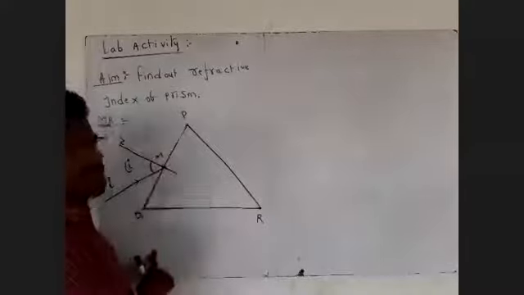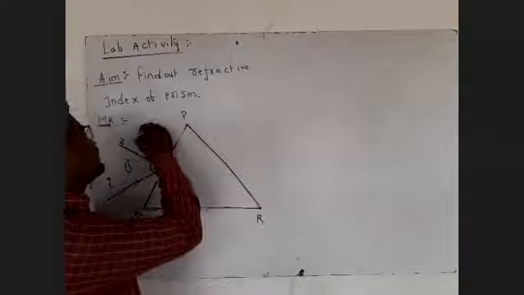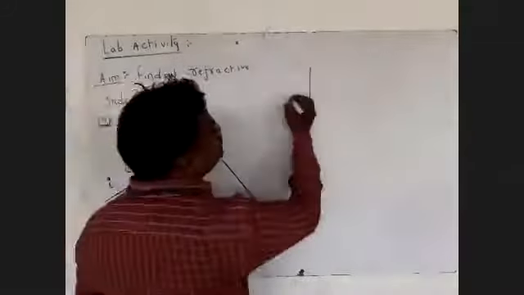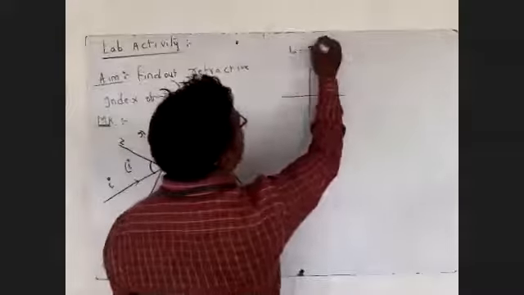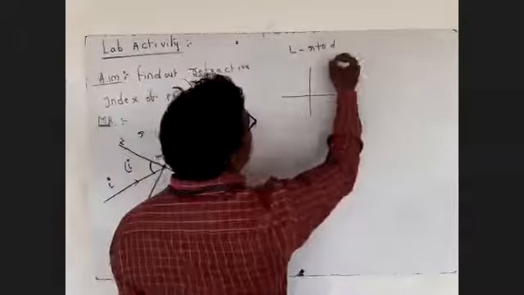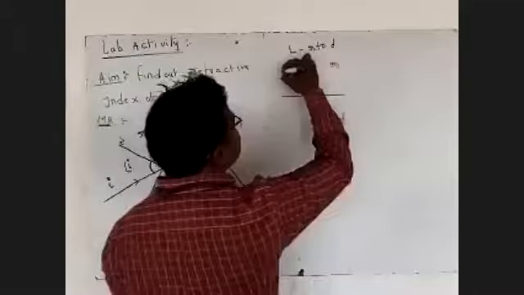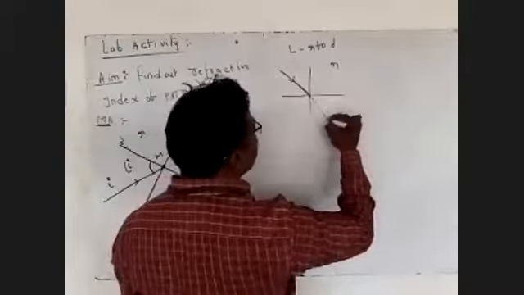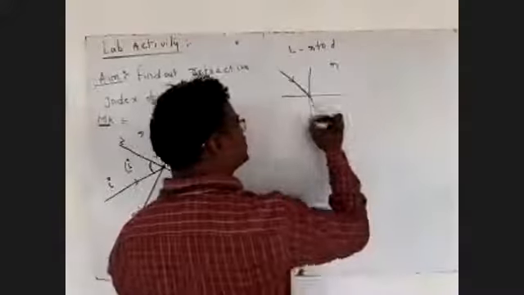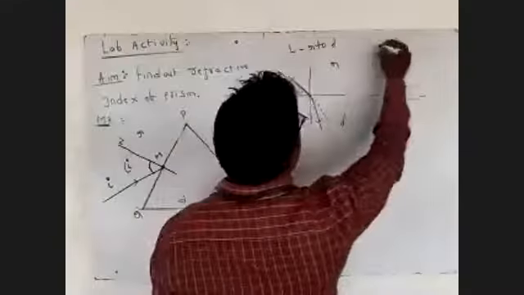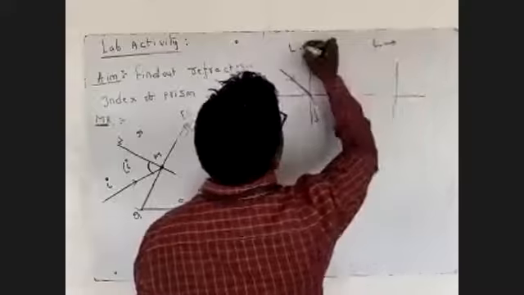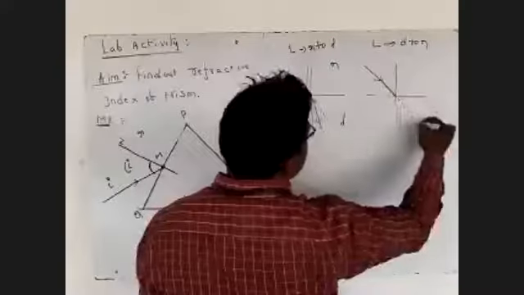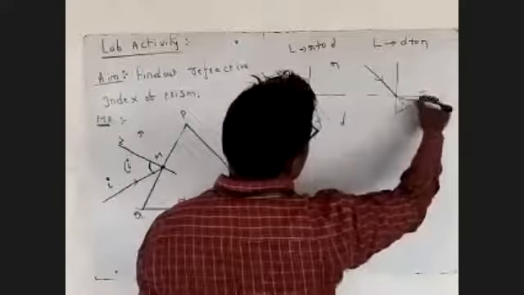Light travels from the rarer medium to the denser medium. The light is traveling toward another medium, bending towards the normal. When light travels from denser to rarer medium, it is not moving straight; it is moving away from the normal.